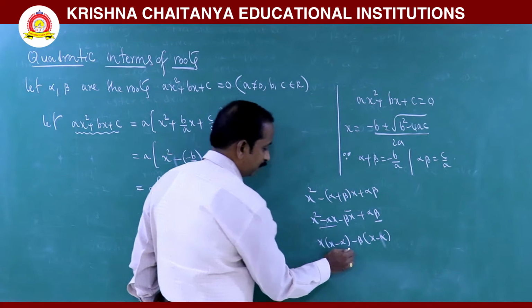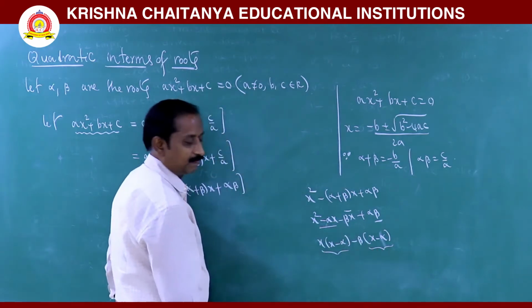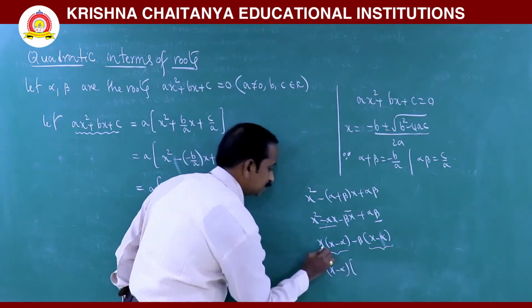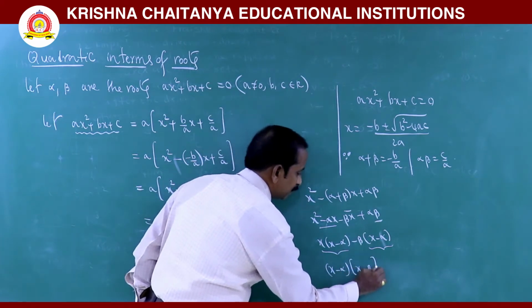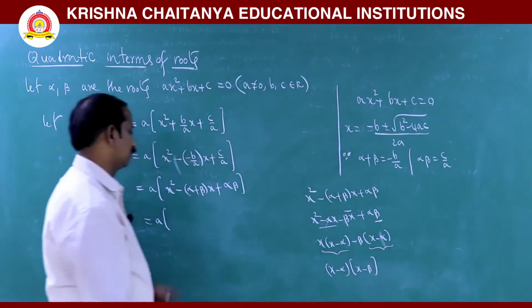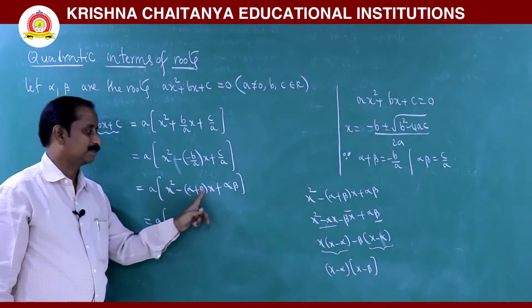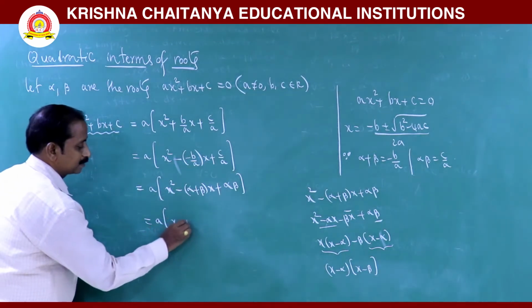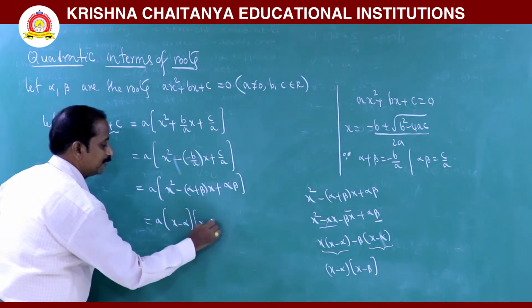Now in these two terms, x minus alpha is common, and remaining is x minus beta. So I can write x square minus alpha plus beta into x plus alpha beta as x minus alpha into x minus beta.